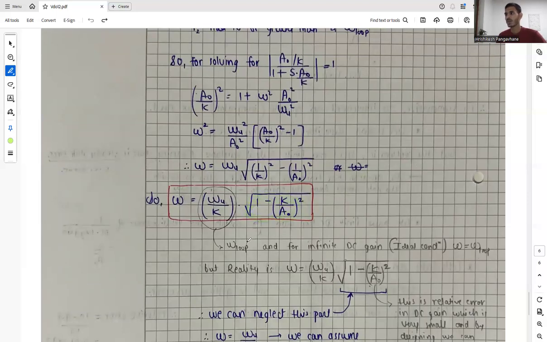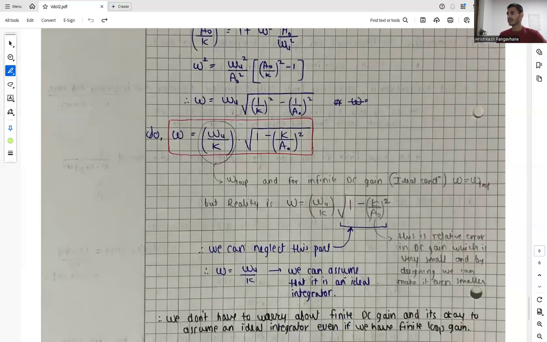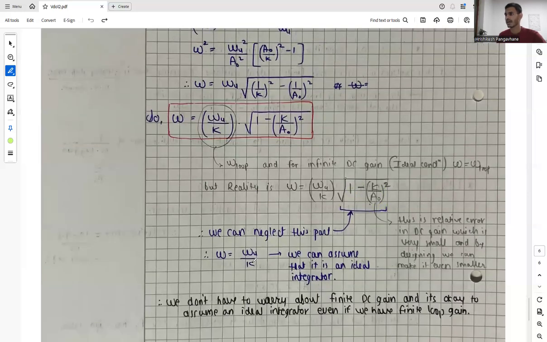We know that for the ideal condition of infinite DC gain, omega was equal to omega loop, but in reality there is non-ideality, and this is the relative error in DC gain, which is very small, and by designing we can make it even smaller, and we can neglect this part, where omega is equal to omega u by K.